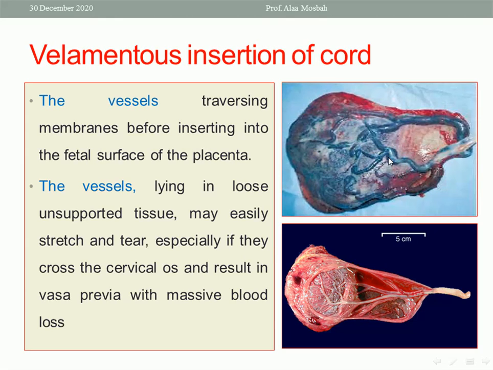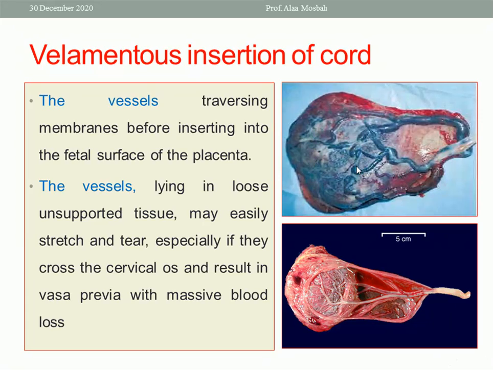Because it is liable to injury and hemorrhage, because it is just moving in a very thin membrane, so it is not protected, while the large vessels should be protected by the placental tissue. So it's moving through the surface like that, making it at risk of being injured or torn.